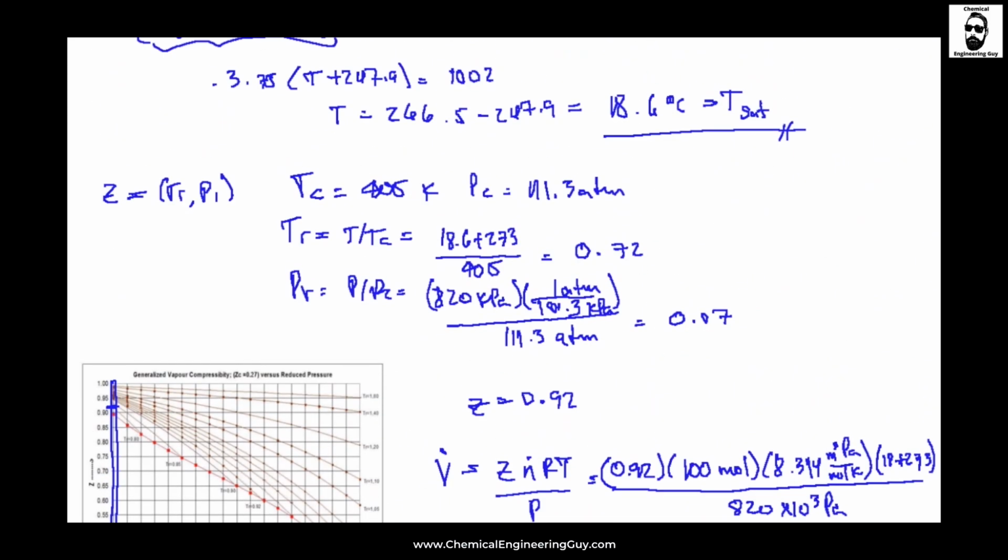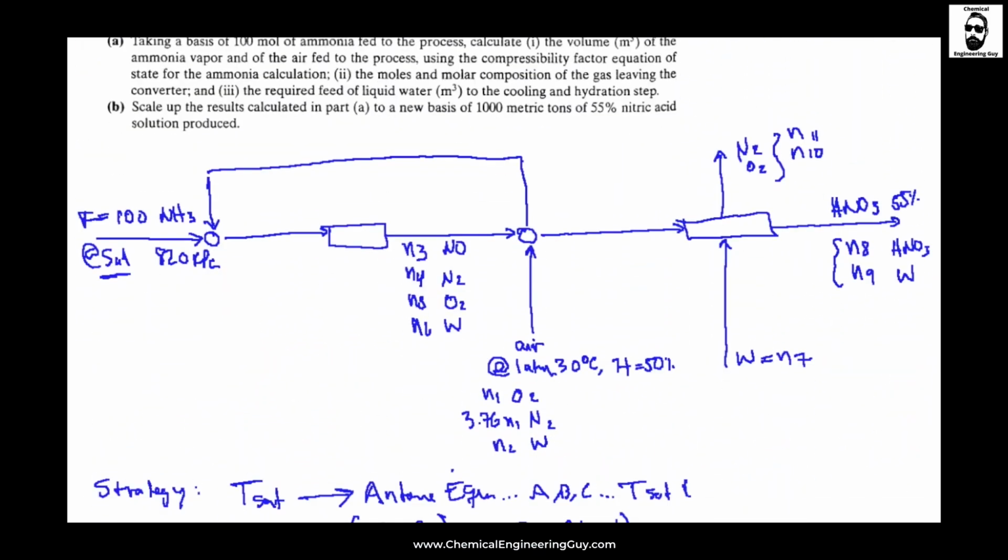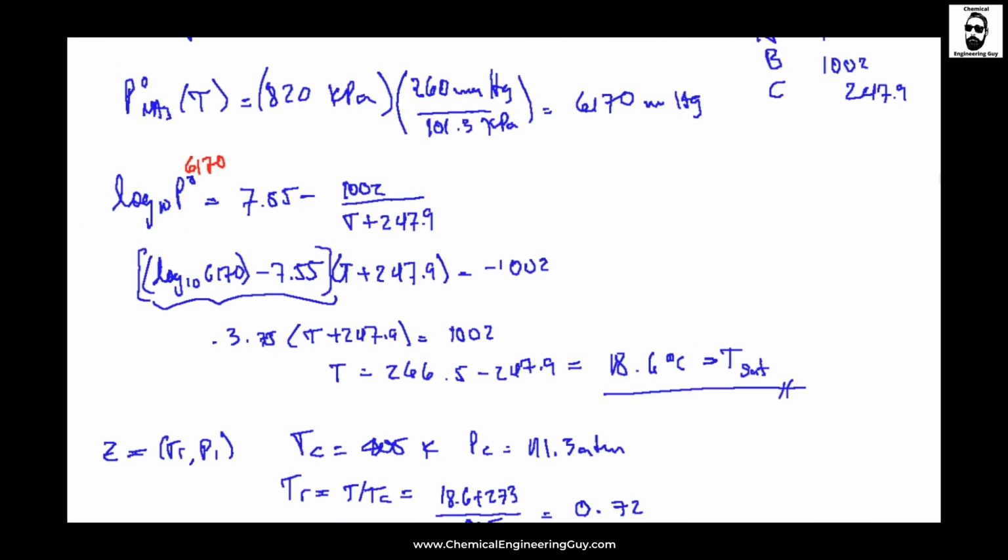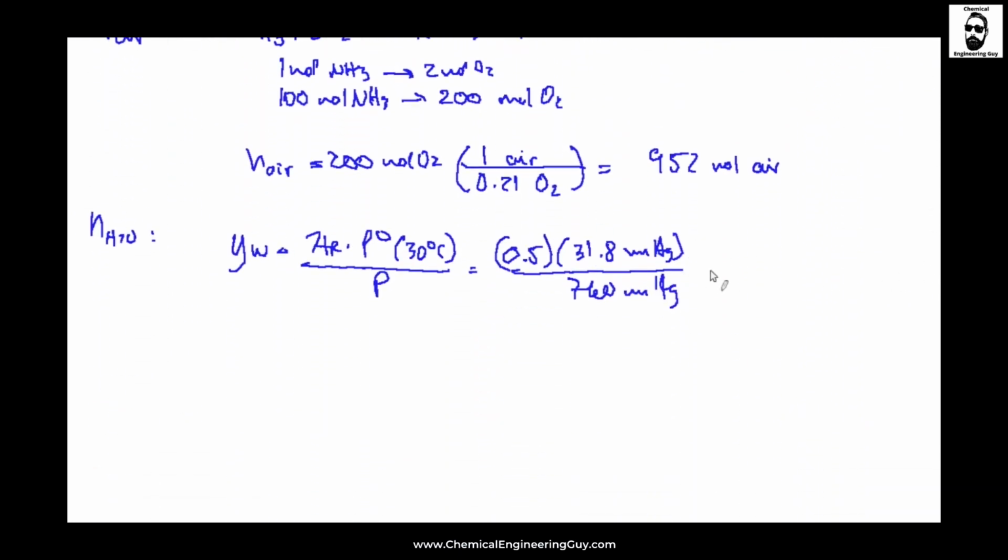So this water, take care guys, we're not any longer here. We're not using this data. We're using these data. So let's get back. This number is equal to 0.02, and hopefully you know the definition of the mole fraction of water is the amount of water divided by the amount of water and the moles of air.